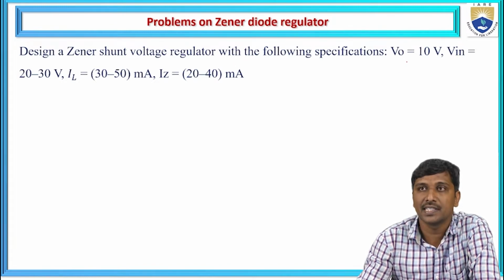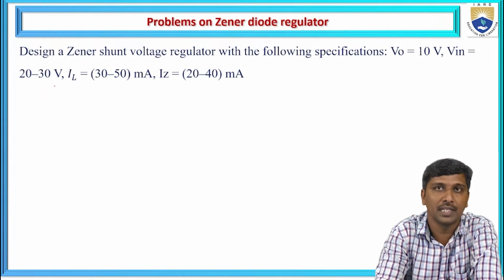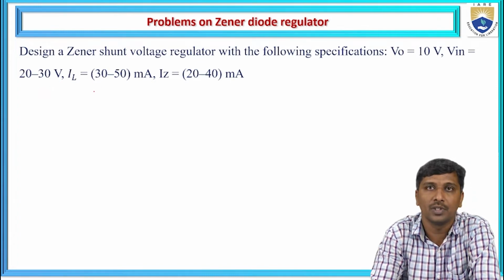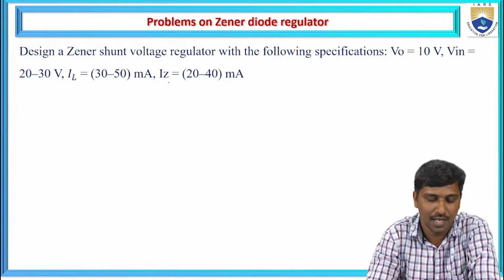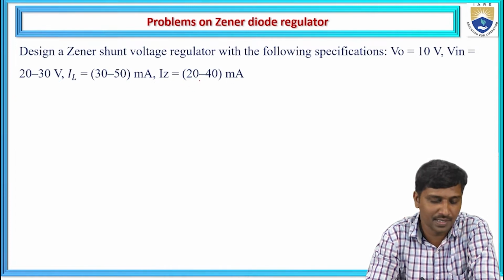The given specifications are: the output voltage is 10 volts, the input voltage lies between 20 to 30 volts, the load current lies between 30 to 50 milliamperes, and the current across the Zener diode is 20 to 40 milliamperes.